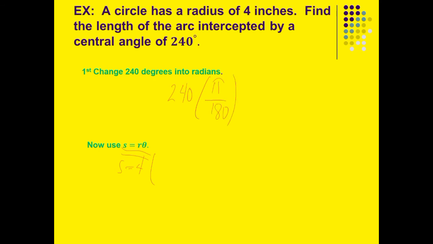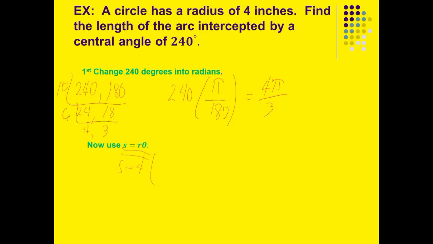This is divisible by 10, then 24 over 18 is divisible by 6, giving 4 over 3.